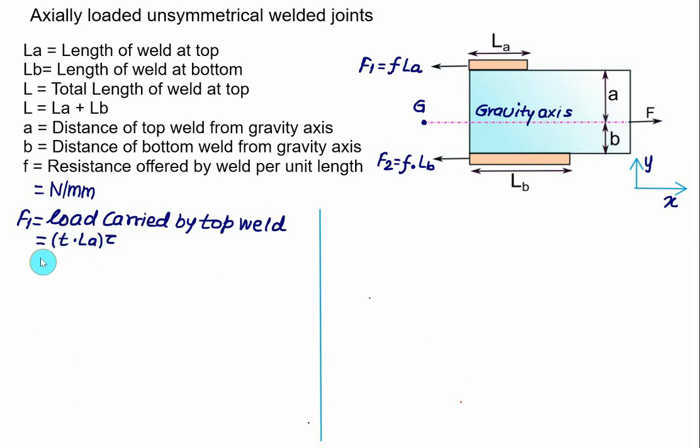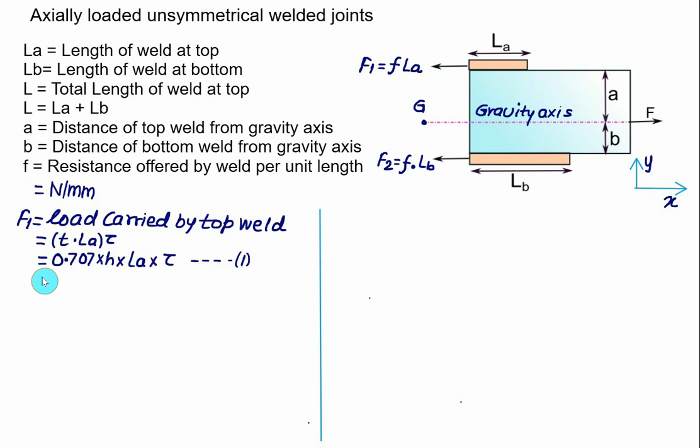The throat is equal to 0.707 multiplied by the leg size H, and the length of the weld is LA, multiplied by tau. So we can calculate F1 as F multiplied by LA, or as 0.707 H multiplied by LA multiplied by tau. Let's say this is equation number 1.